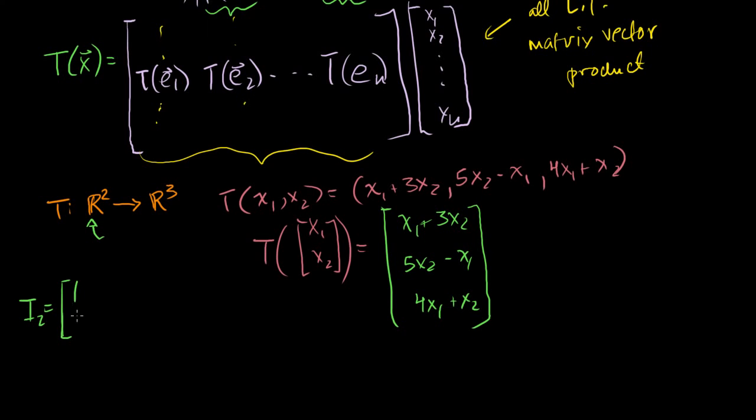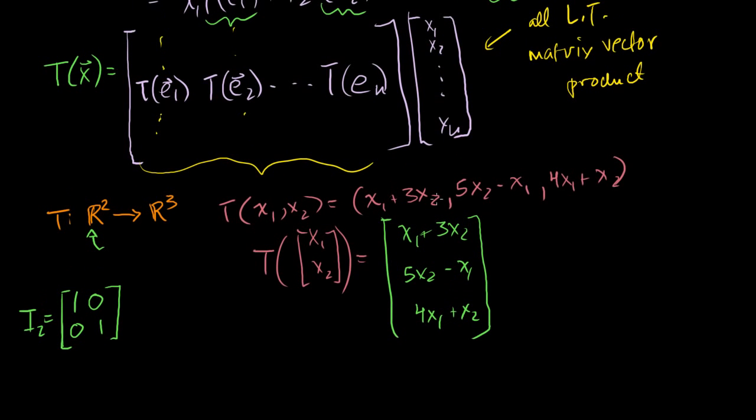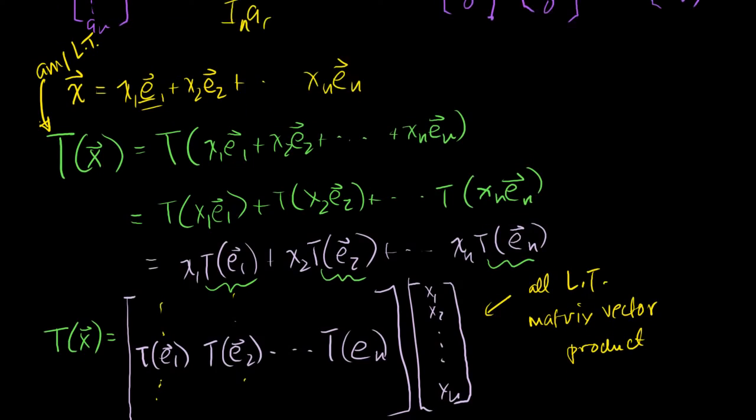And it just looks like this: 1, 0, 0, 1. I'm just going to start with that. And all I do is I apply my transformation to each of the columns, each of my standard basis vectors. These are the standard basis vectors for R2, right? And you might wonder, I showed you that they're bases, but why are they called the standard basis?